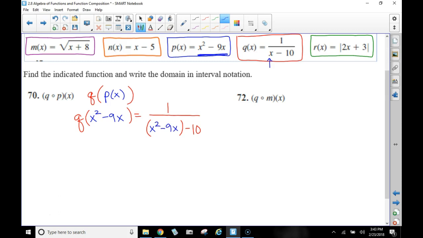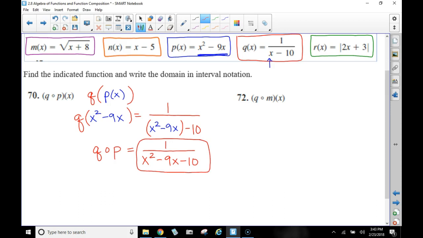So if we clean this up just a little bit, Q composition P of x, or simply Q composition P, means the same thing. That's going to be 1 all over x squared minus 9x minus 10. That's the new function we created.